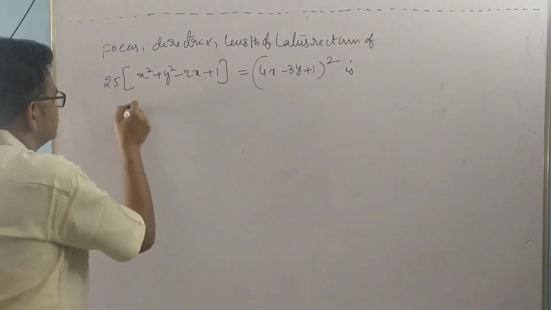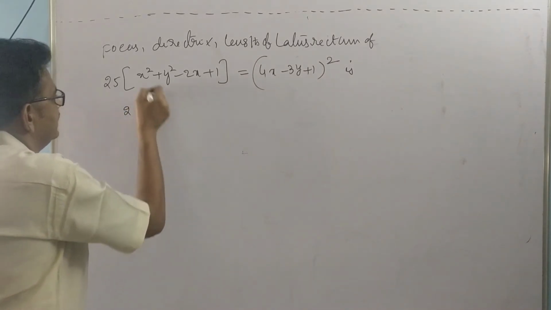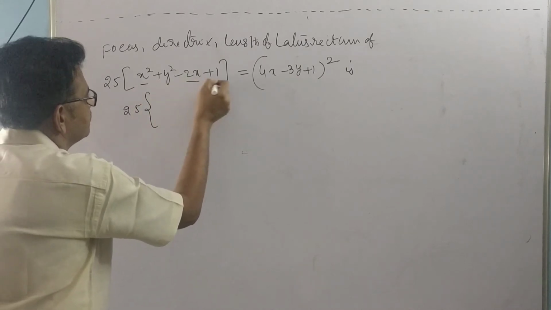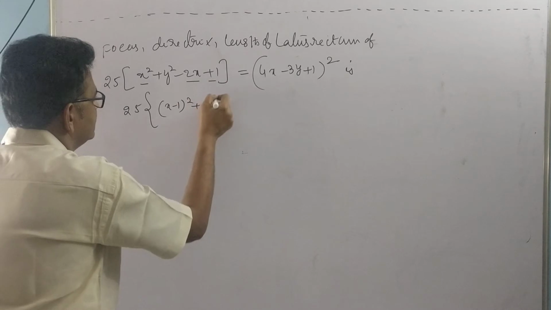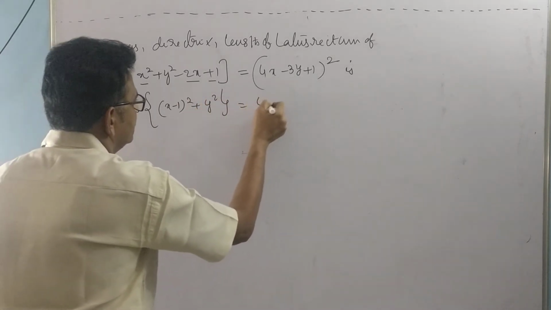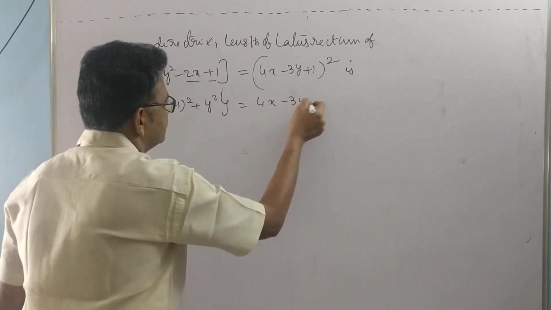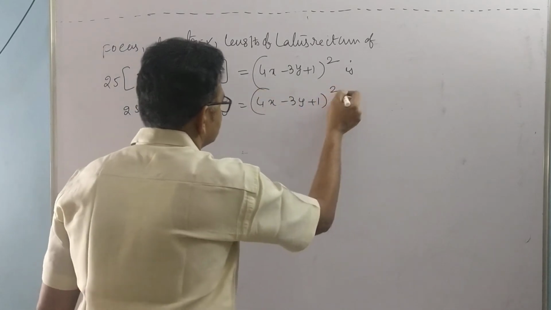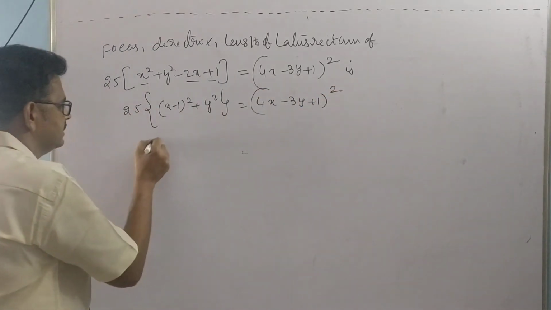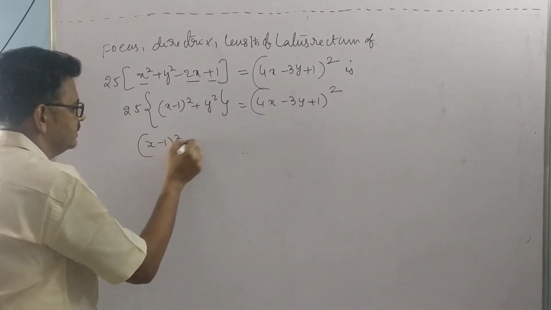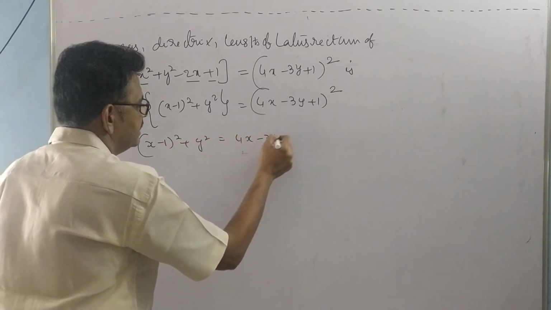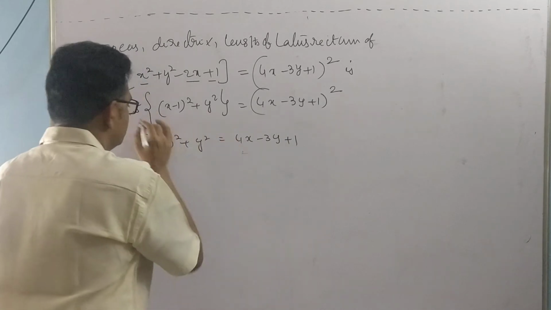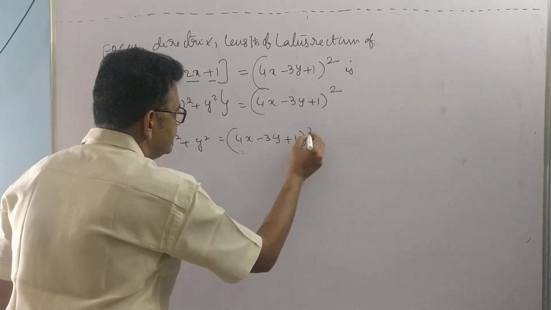It is 25 into x square minus 2x plus 1, which is x minus 1 whole square, plus y square, equal to 4x minus 3y plus 1 whole square. So this is x minus 1 whole square plus y square equal to 4x minus 3y plus 1 whole square by 25.